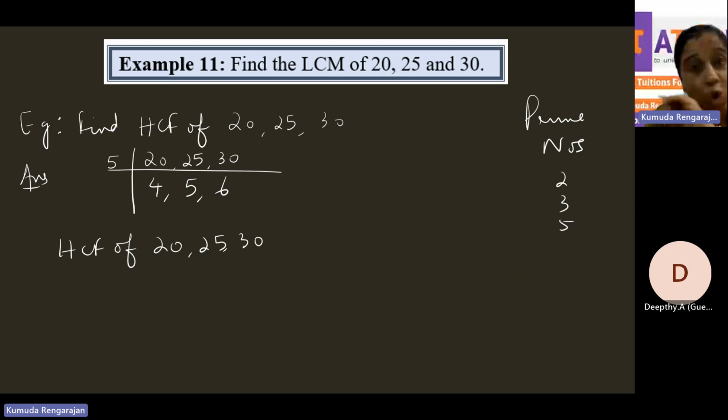But for HCF, all the numbers must be divisible by the prime number you take. All right, so we stop here. The HCF of 20, 25, and 30 is 5.